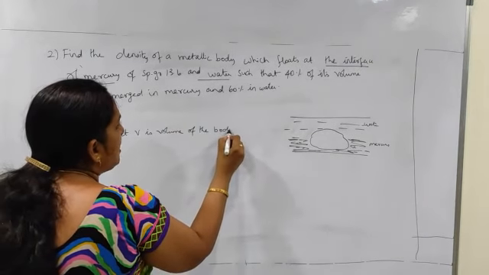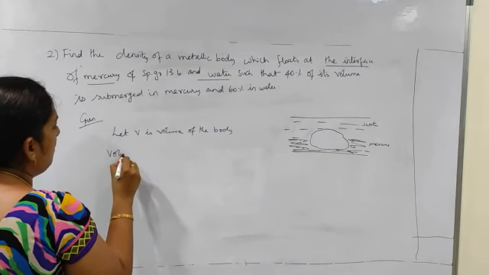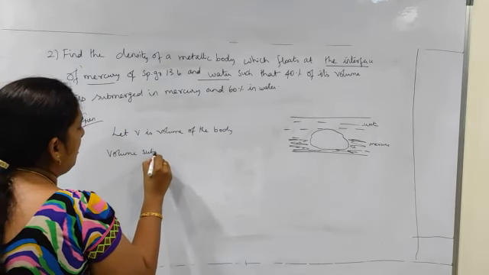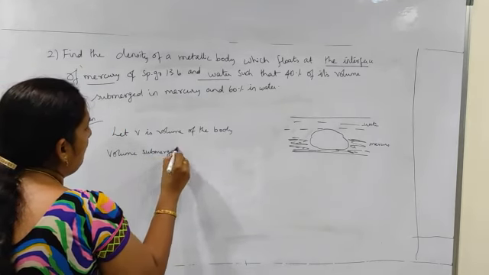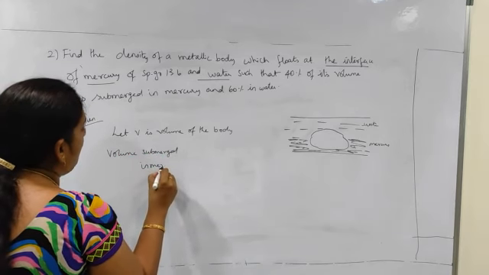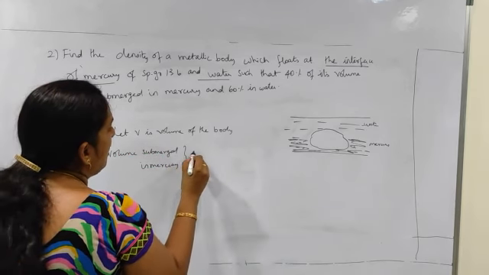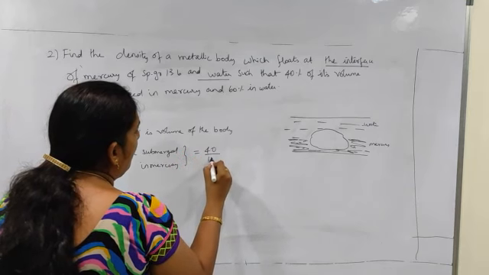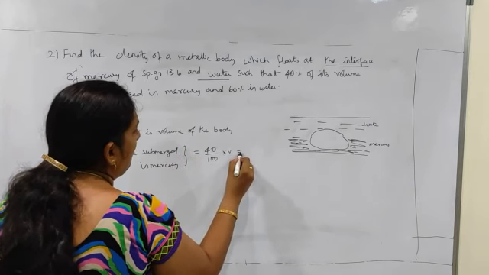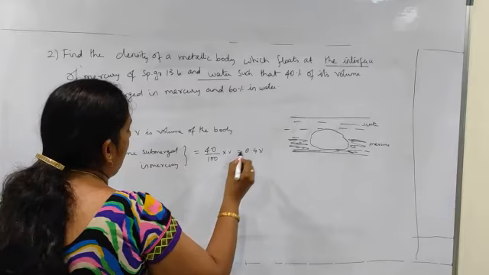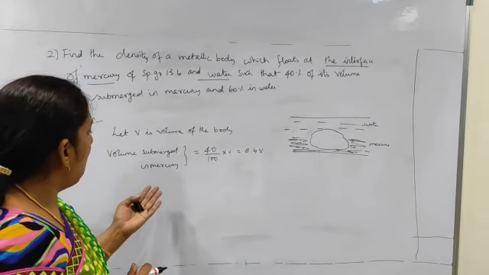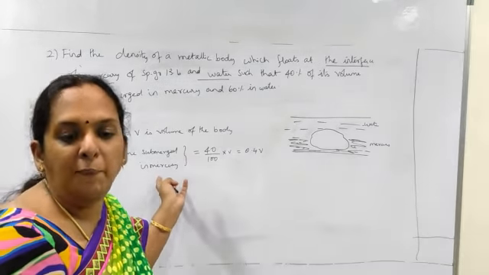So what is the volume that is submerged in mercury? Volume submerged in mercury is 40%, so it is 40 by 100 into V, say it is 0.4 V. So that is the volume of the body that is submerged in your mercury.